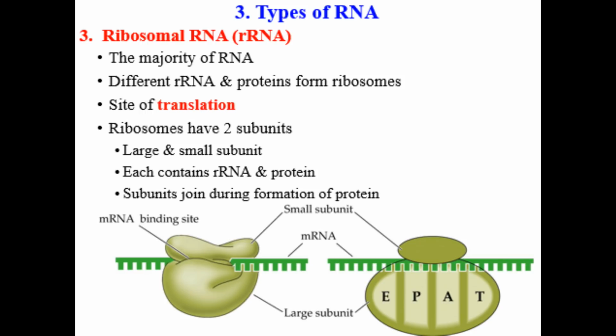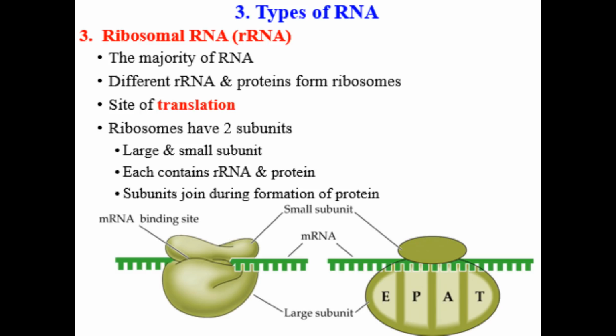So most of the RNA that you find in a cell is ribosomal RNA. It's different from messenger RNA, and it's different from transfer RNA in that it's long-term RNA in association with these ribosomes. It's a structural type of RNA.